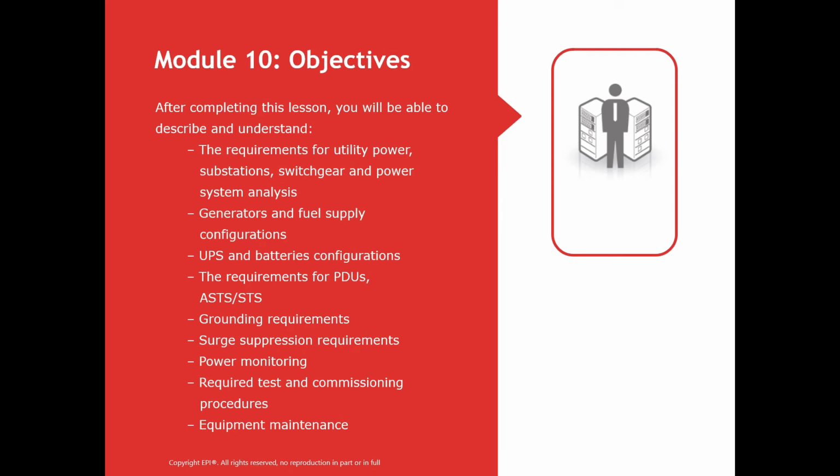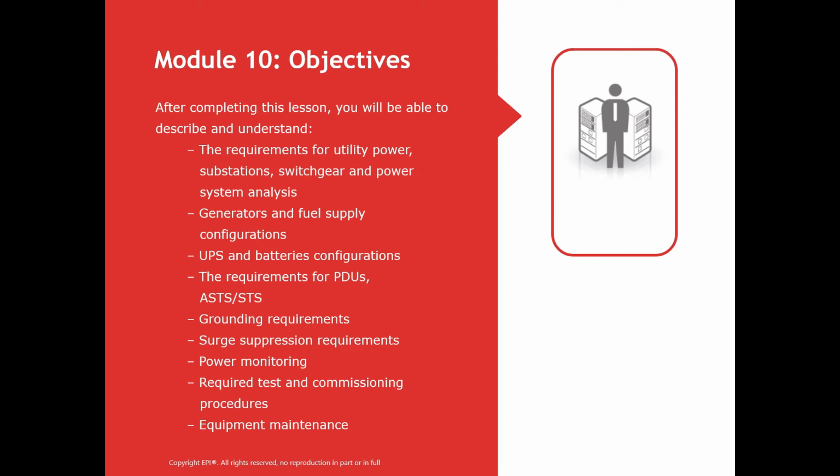We'll have a good look at generators and fuel supply configurations depending on the rating level you're trying to achieve. UPSs and battery, there will be various configurations, again depending on the rating level you're trying to achieve, and there may be requirements around the AHJ.